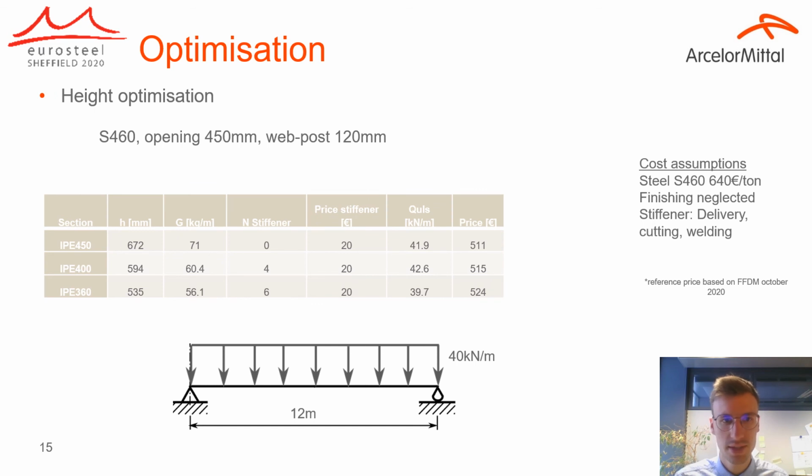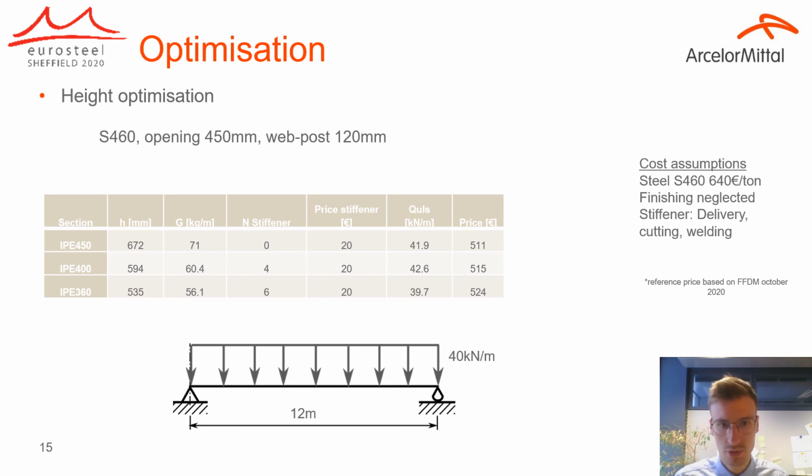Here is the last example, a 12-meter beam in S460, and this one is more focused on the height. The targeted loading is 40 kilonewton per meter, and again the opening dimension and the web post widths are fixed.